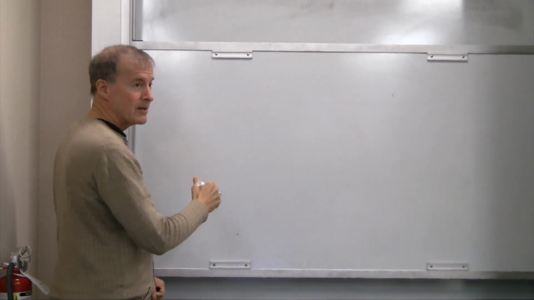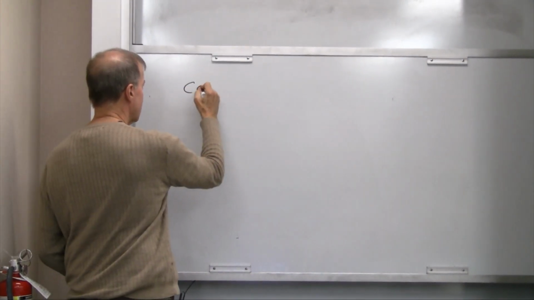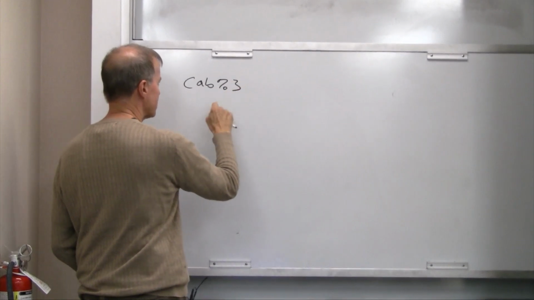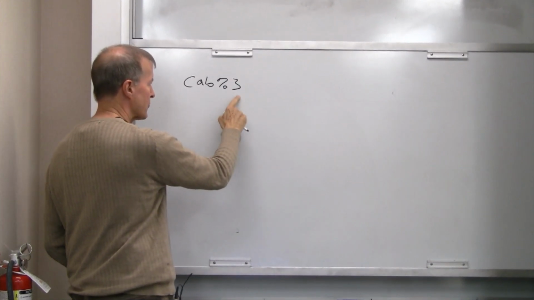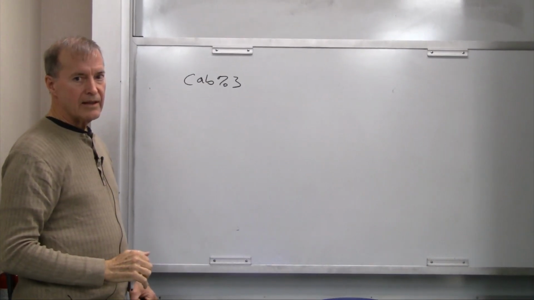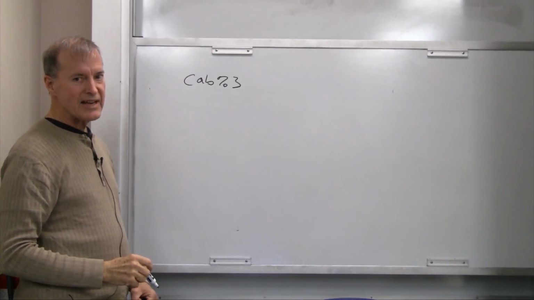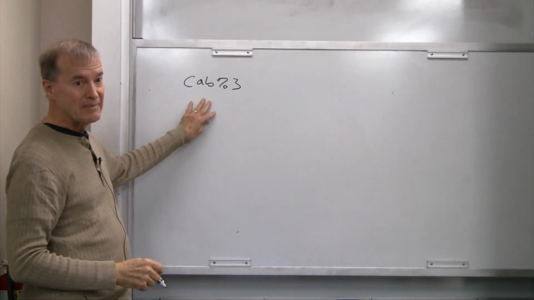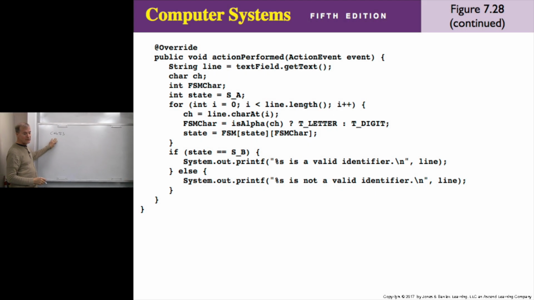What would happen if you said cab, or sorry, not parentheses, you said cab%3? It'll interpret the percent as a digit, and it will say that this is valid, but it shouldn't be. Do you see how this code will do that?